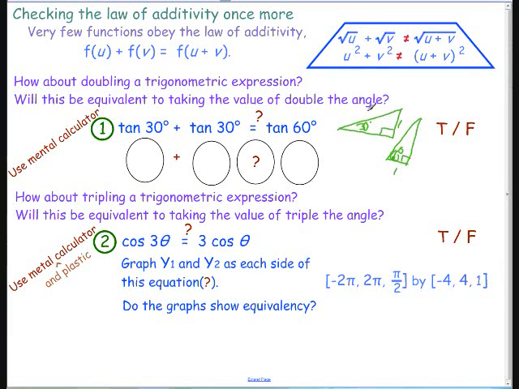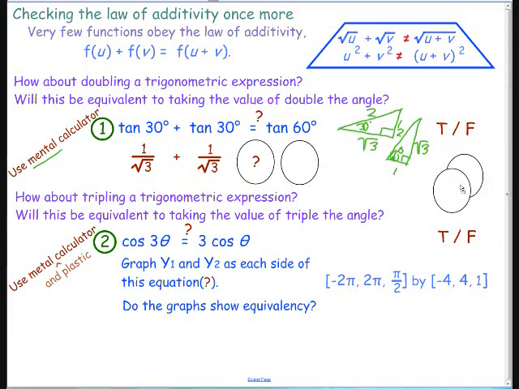So we've got 1 for the short side, 2 for the hypotenuse, and the square root of 3 for the long leg. Okay, so using our mental calculator, what's the tangent of 30 degrees? It's y over x. Okay, so there it is right there.